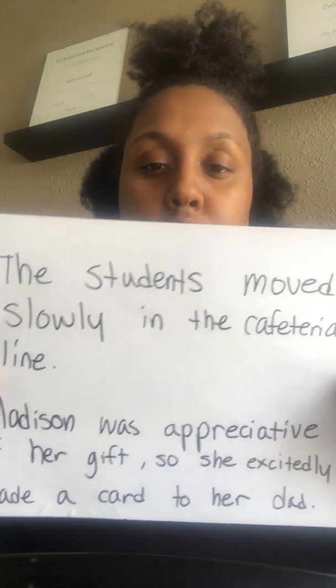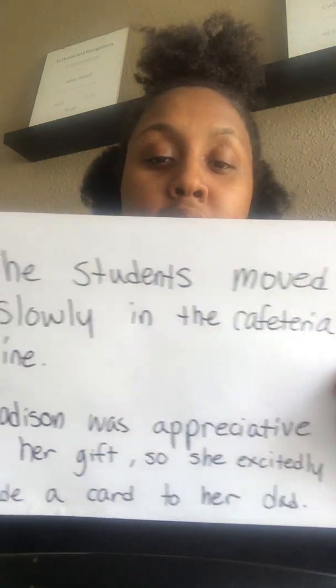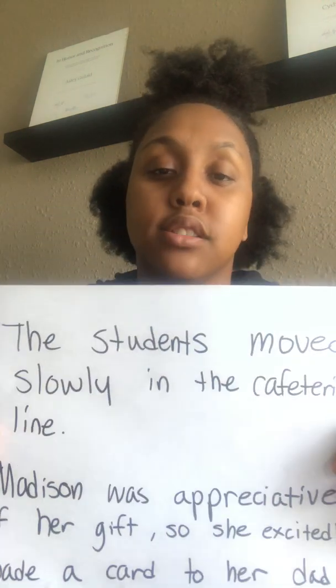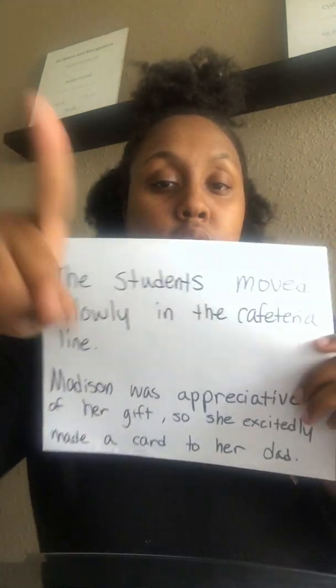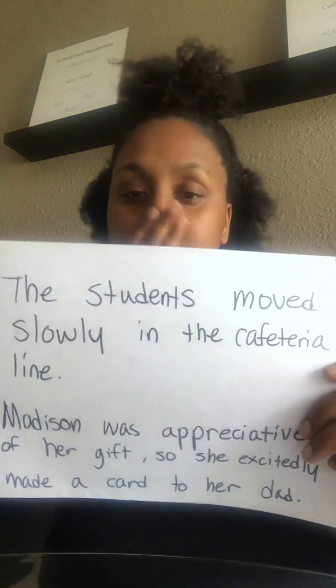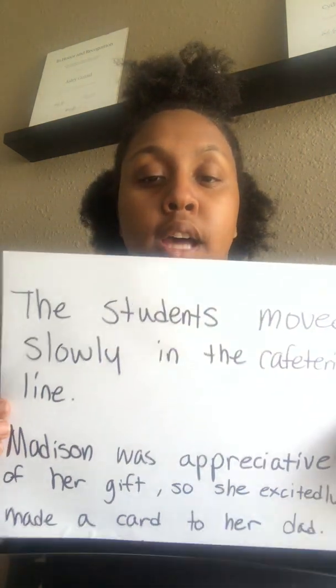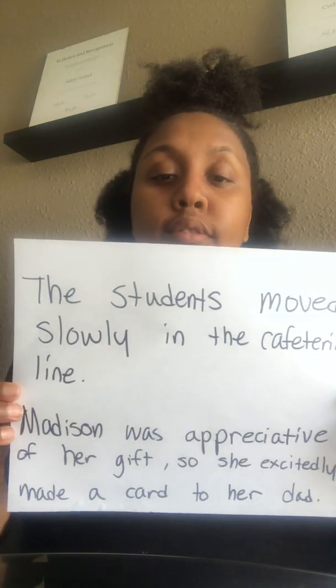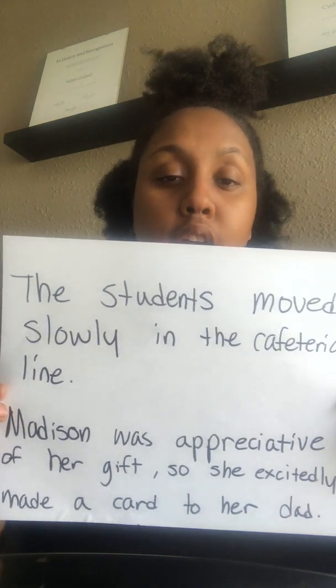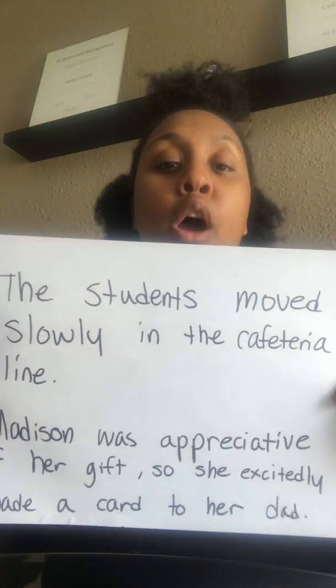The students move slowly in the cafeteria line. First, remember from Monday we identified the verb. So let's identify the verb in the sentence. Let's read this one more time. The students move slowly in the cafeteria line. The verb that we found was move. So I'm going to underline move.